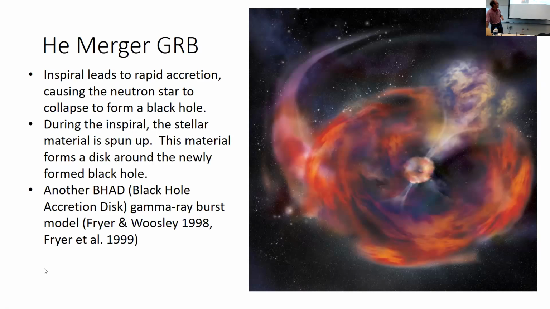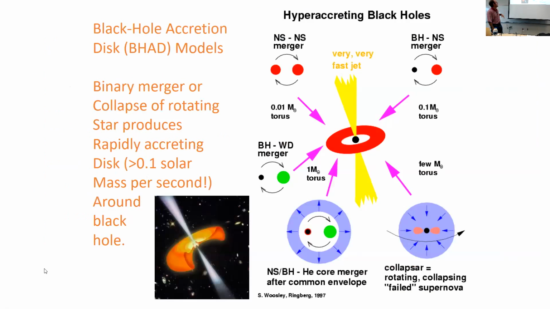So here's the whole class of these black hole accretion disk models. It includes neutron star mergers. This plot was made by, funnily enough, Max Ruffert, but he based it on a talk that Stan Woosley wrote. But we all use Max Ruffert's plot because it's probably the clearest one we have, where you look at different ways to make accretion disks around compact objects.